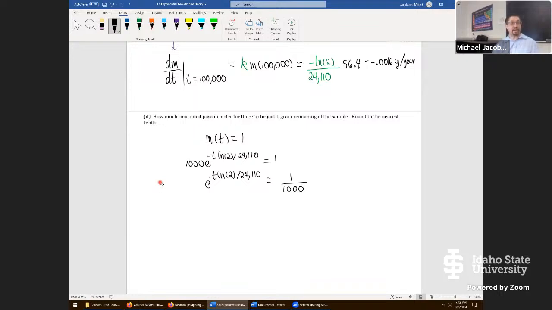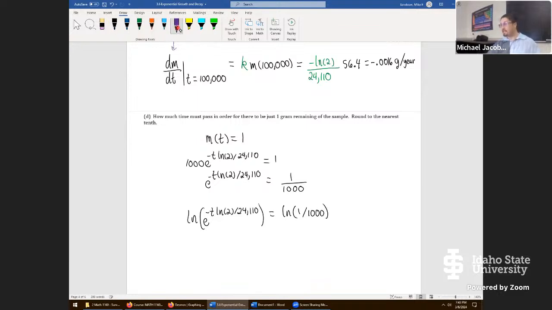I'll leave it in that format. Next step we take is just the natural log of both sides. It's a lot of writing to write in this middle step, so if you get comfortable with skipping this step, it's actually not a bad one. Let's write it in just to show what it looks like in the notes. Natural log of all of that: negative t natural log 2 divided by 24,110 equals natural log of 1 divided by 1,000.